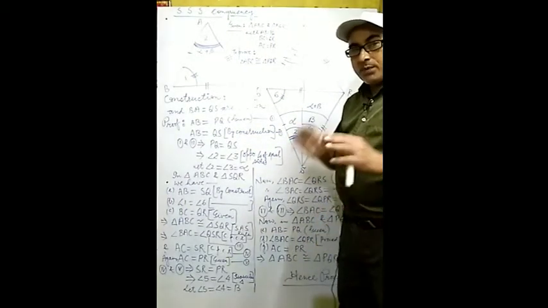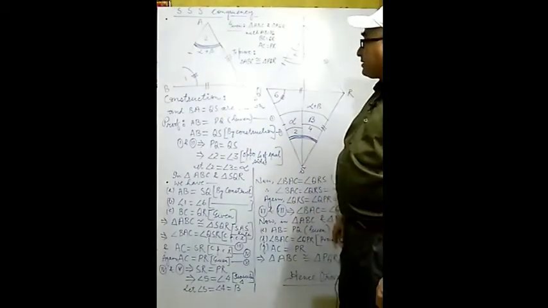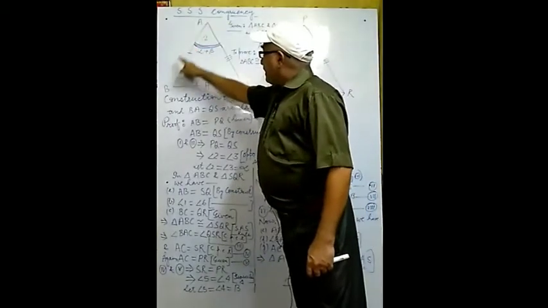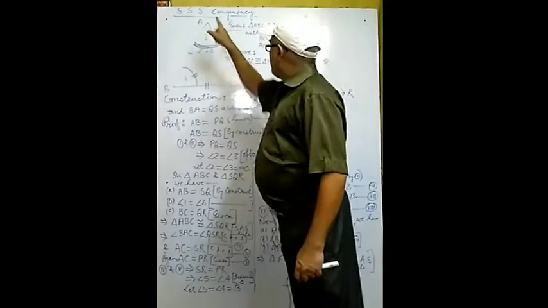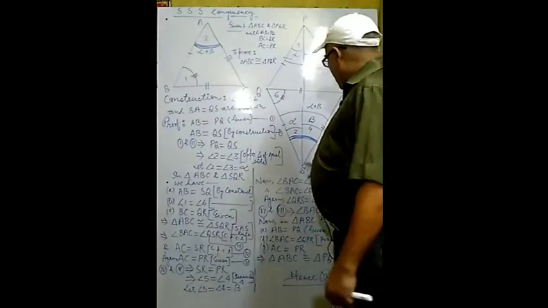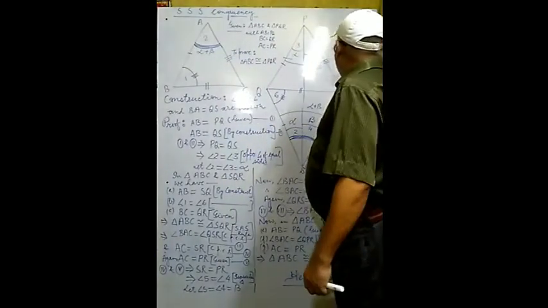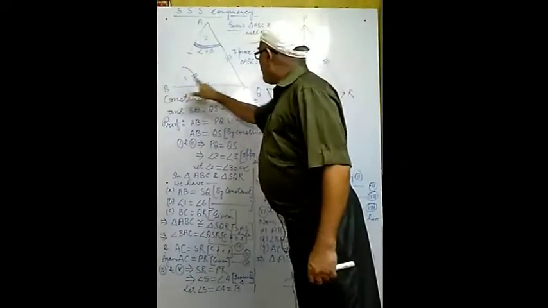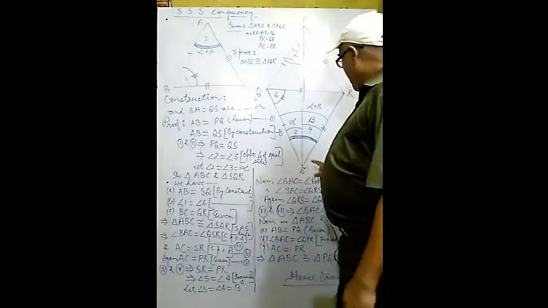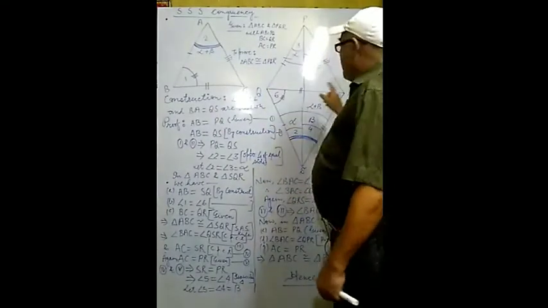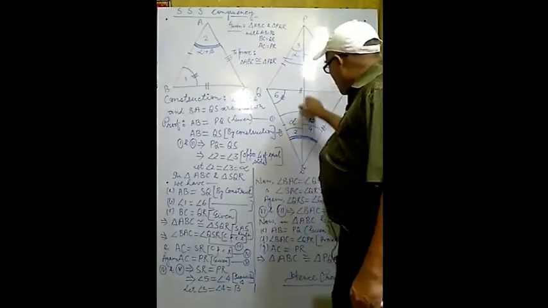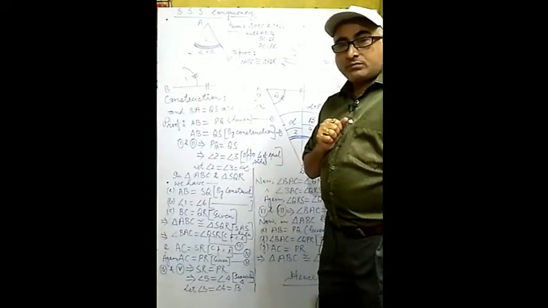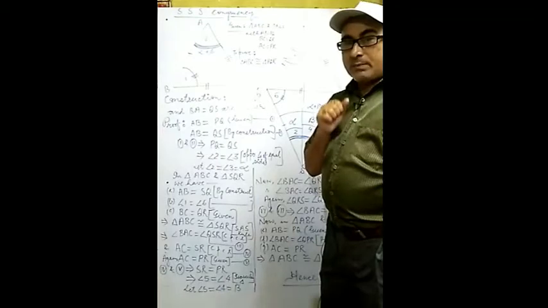Now observe here, what are the conditions? Now we have to take triangle ABC and triangle SQR, the upper triangle and this lower triangle. Consider the matching parts. What matching parts are there?